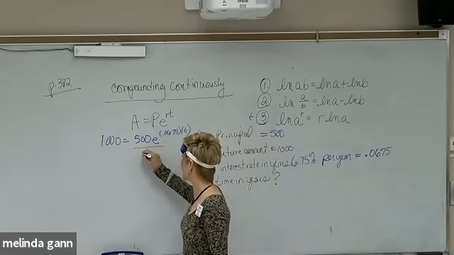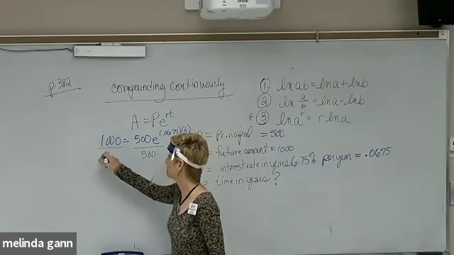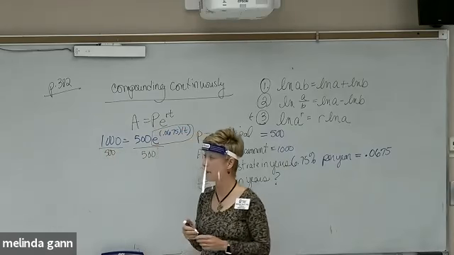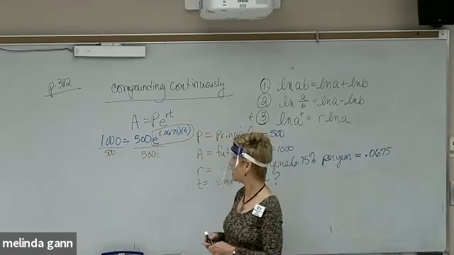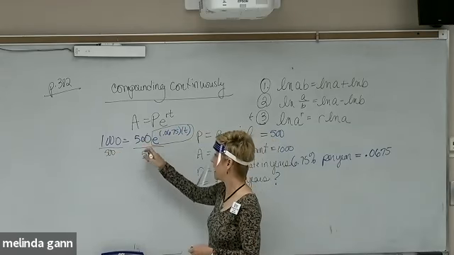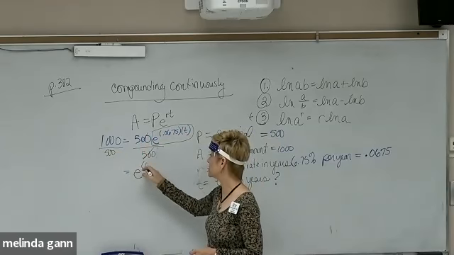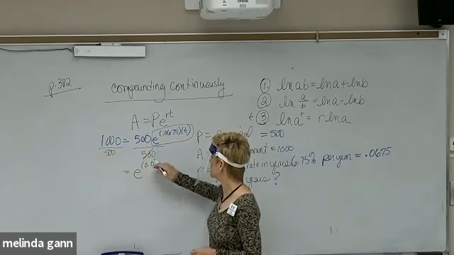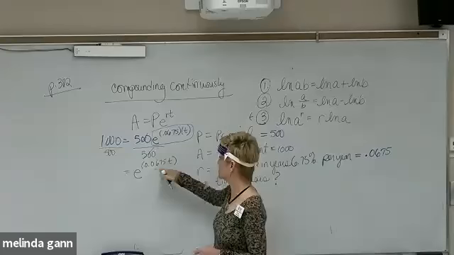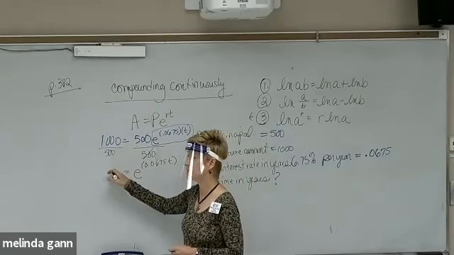So if I divide this side by 500, I've got to divide the other side by what? 500. Because I'm trying to isolate this thing right here because it's where my power is. Okay? So what happens to these two 500s? Don't they divide out? So that's going to leave me E raised to these two things, 0.0675 T. Isn't that number times T just that number in front of T? Now, what's 1,000 divided by 500? 2.